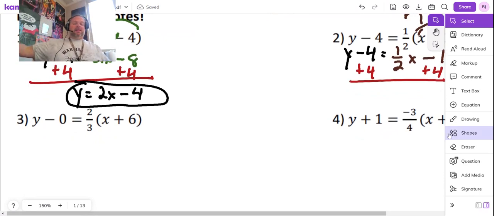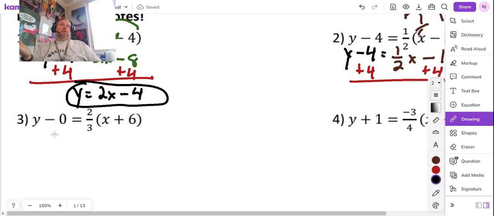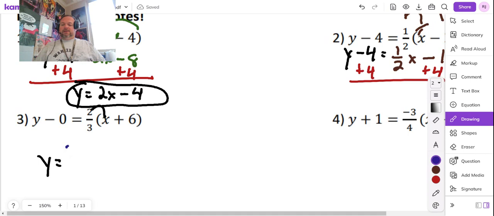So, left hand side of this one, this is going to be awesome. This has a 0. If I have a y and I subtract nothing from it, what do I have left? Y. So I actually don't have to worry about moving anything over later. All right, I have 2 thirds times x. Okay, so 2 thirds x.